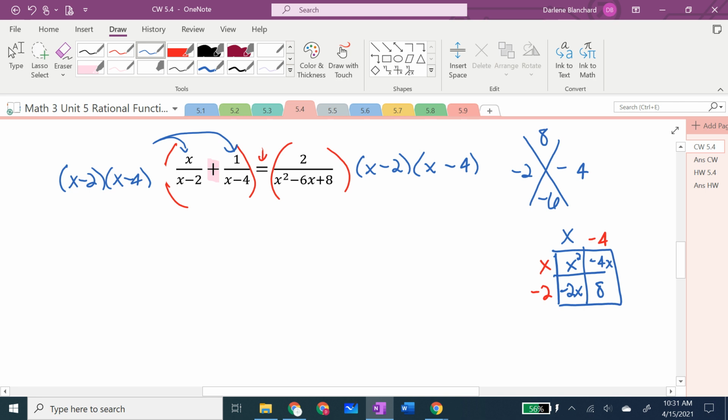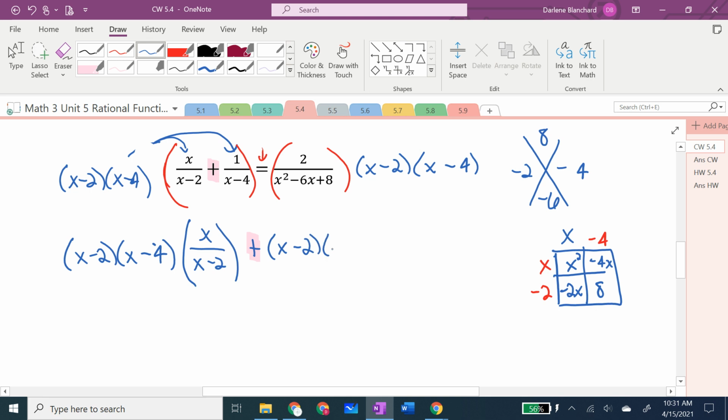Now, I'm going to do the distribution. Stop doing that, you silly thing. Okay, so I have x minus 2 times x minus 4 times an x over x minus 2, and now that plus sign. And now I'm going to distribute again. x minus 2 times x minus 4 multiplied by the 1 over x minus 4.